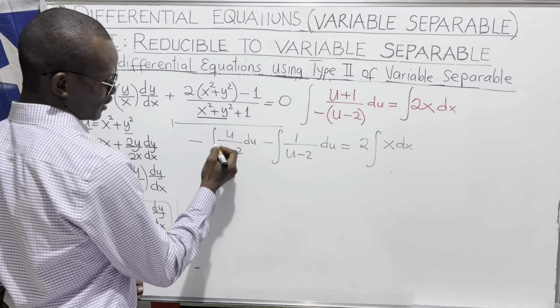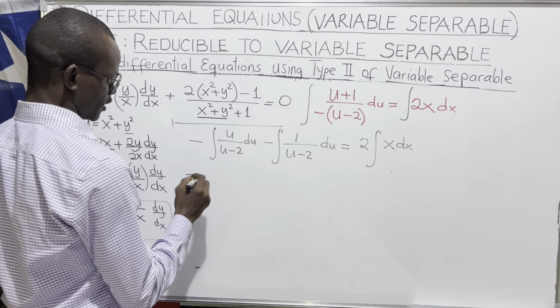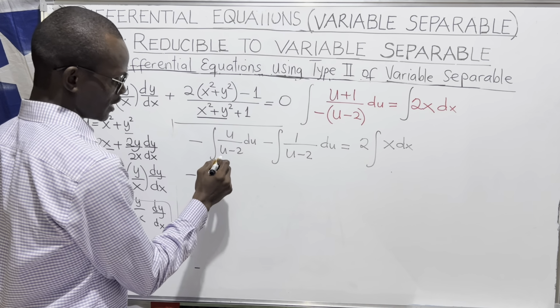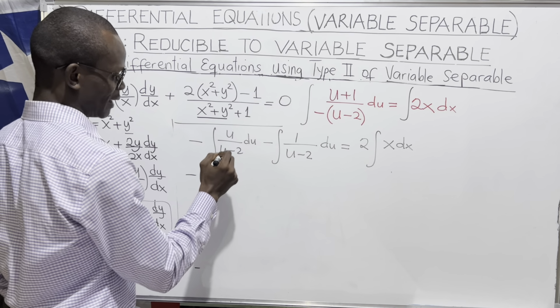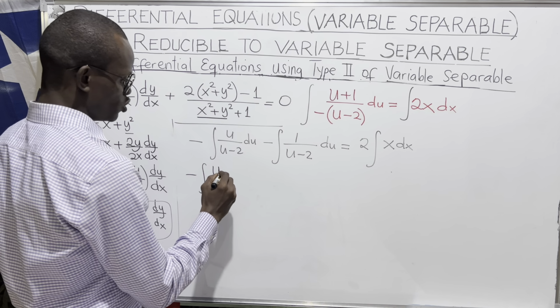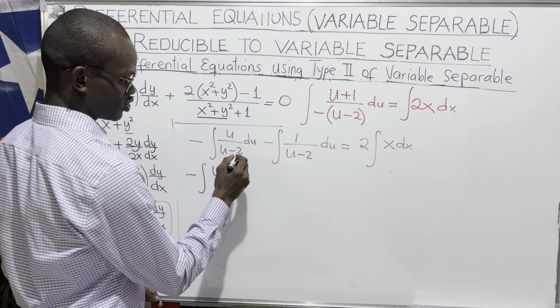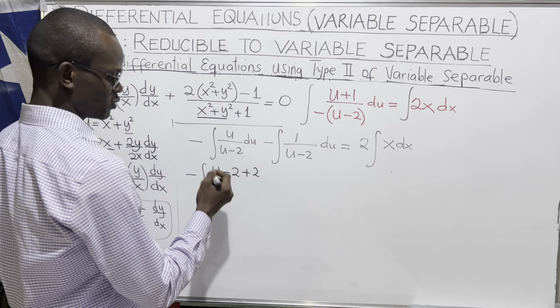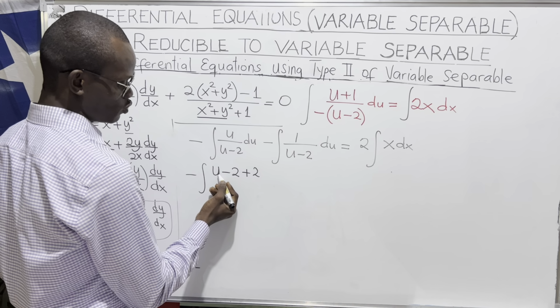So we can bring in some trick. We can apply some trick right here, or you can apply long division. You divide this by this, but I don't want to go that route. So I can say u minus 2, since this is minus 2 down, u minus 2, then I say plus 2. So this will just be equals to u.